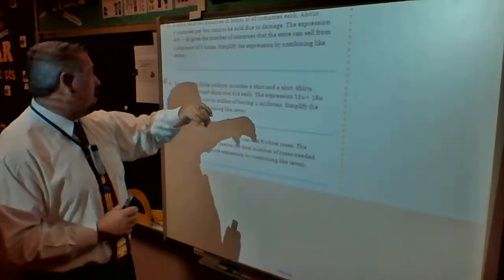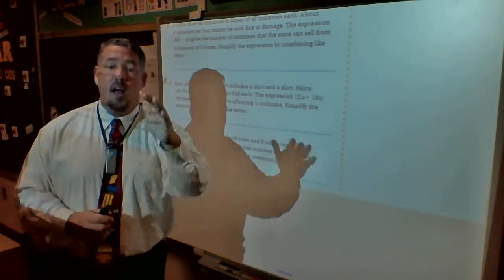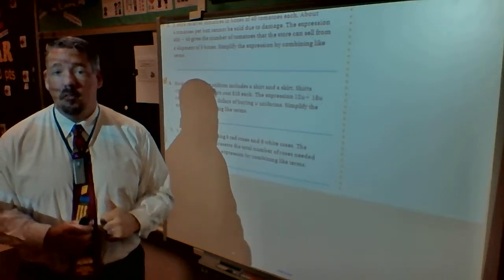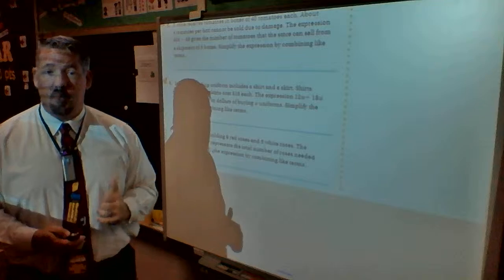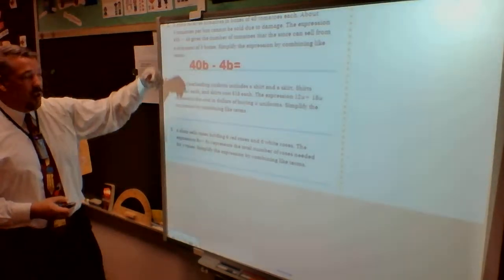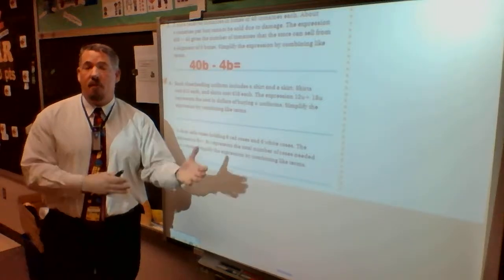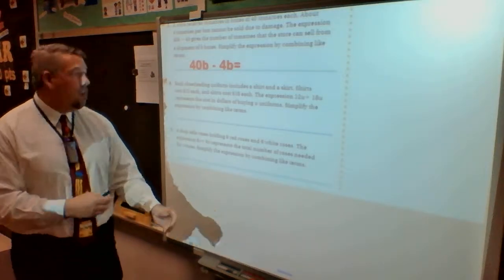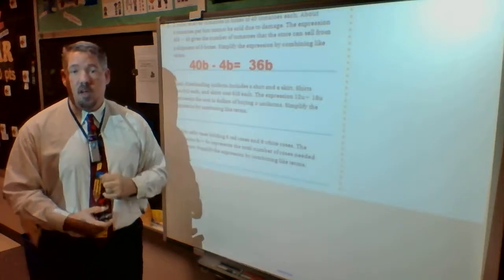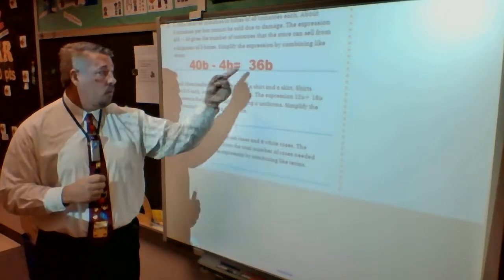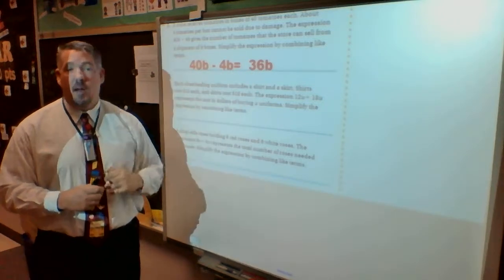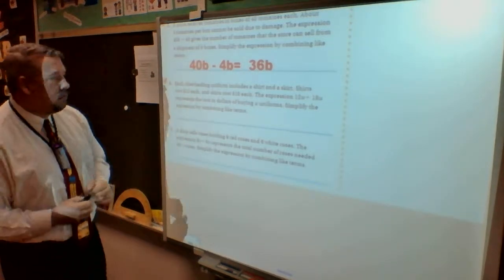Simplify the expression by combining like terms. We don't care how many tomatoes the store is able to sell; we just need to know what the simplified expression is going to be. So I'm going to take my 40b minus 4b. It is like terms because they both have the variable of b. So 40 minus 4 gives me what? 36b. That is my answer right there. I showed my work because I set it up, and then my answer is 36b.